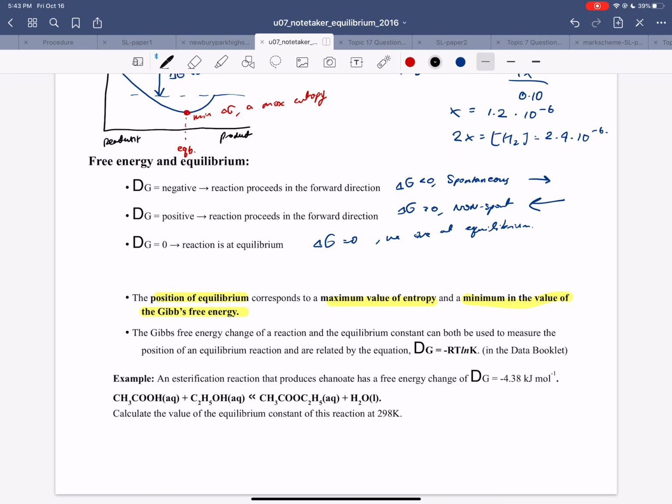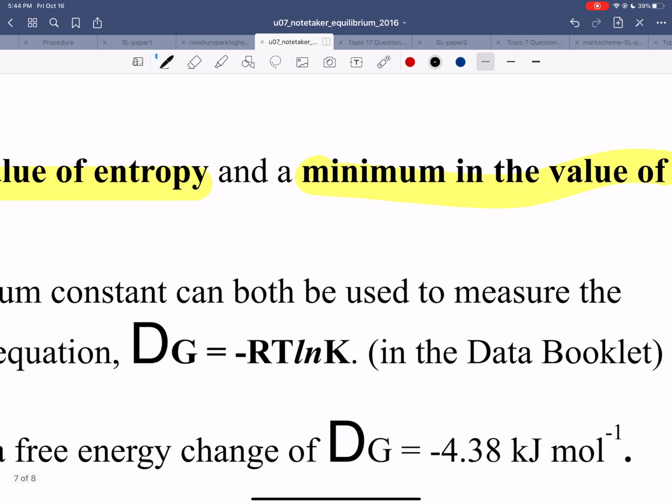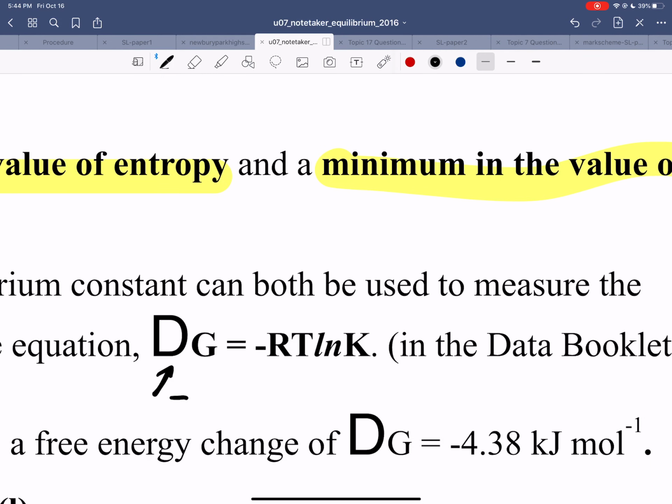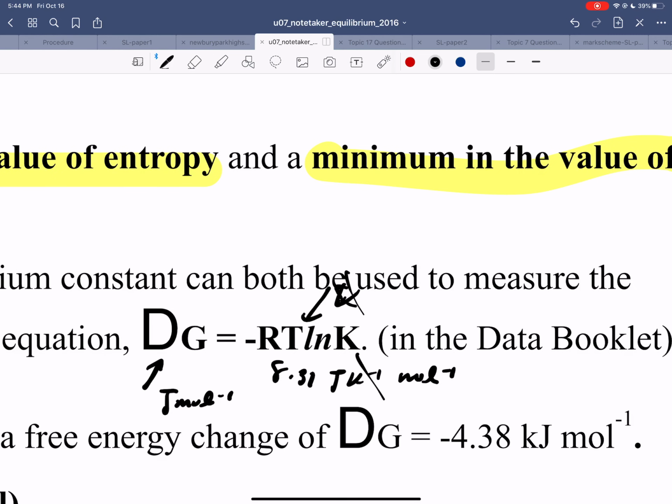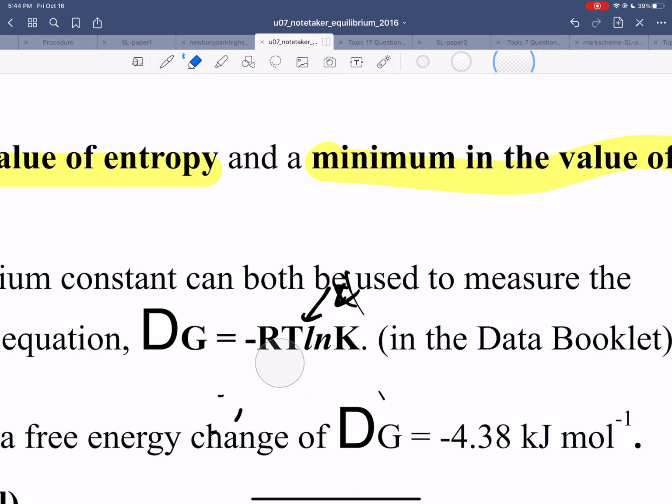Now, also notice that delta G will be in joules per mole if we're using 8.31 J per K per mole. Well, I butchered that. And T is in Kelvin, right? Temperature always in Kelvin. These cancel out, and that means our delta G is always joules per mole. If we want to convert that to kilojoules per mole, then we're going to have to divide by 1,000.